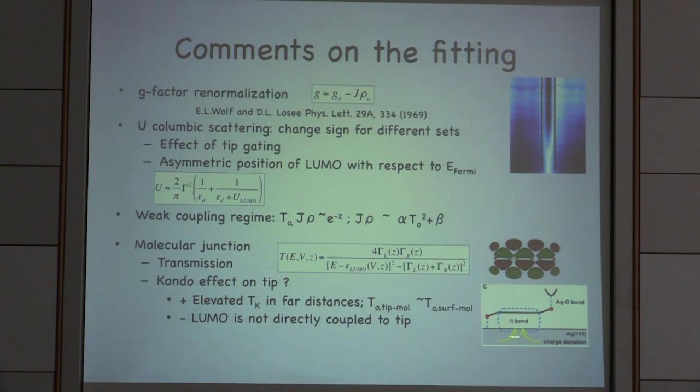The LUMO is a pi-like system, which is mostly on the central part. So all the Kondo effect is happening through this molecule, and the coupling between the metallic states on the tip and this pi state in our configuration is very weak. I think this is somehow the reason why this Marcus code could work.